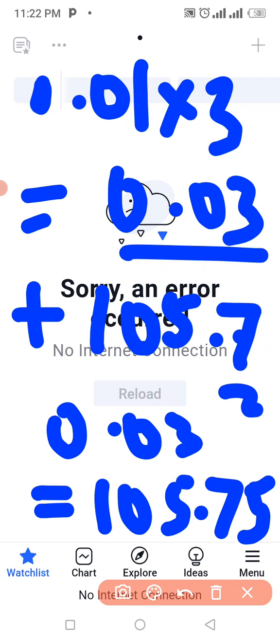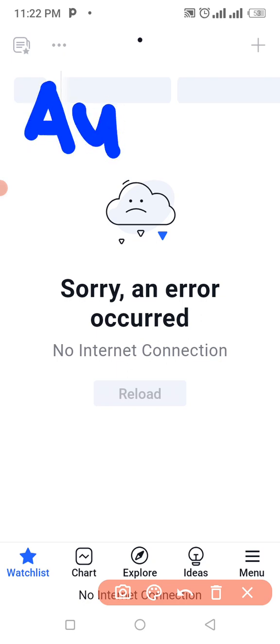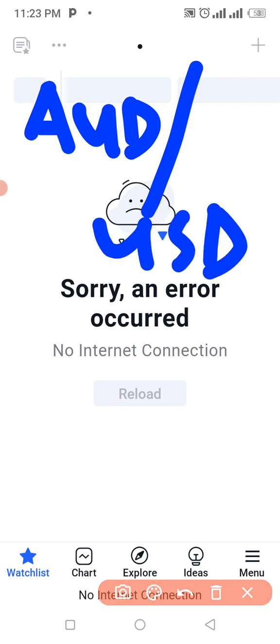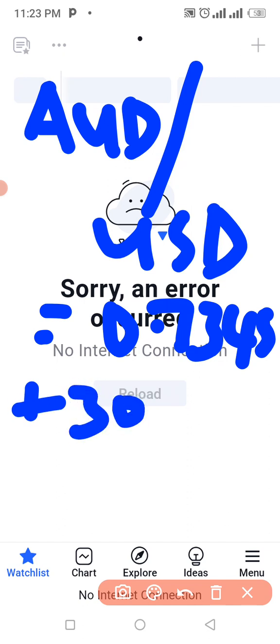Yes. And then when we consider the one with a USD pair, that is one with 4 digits, for instance, Australian dollar USD, if the current price is, let's say, 0.7345, how do we add 30 pips to it?